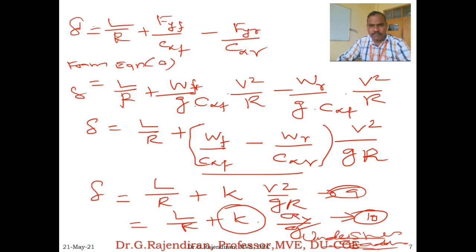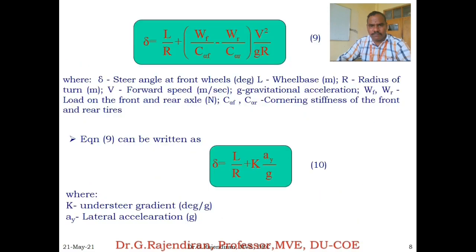So what is called the understeer? Here we are giving delta is equal to L by R plus WF divided by C alpha F, WR divided by C alpha R, V square by GR. This we derived, correct? And this whole term we have taken as K. Clear?